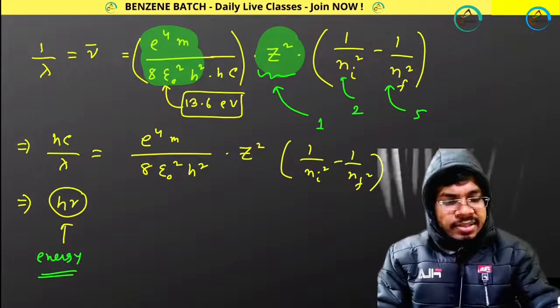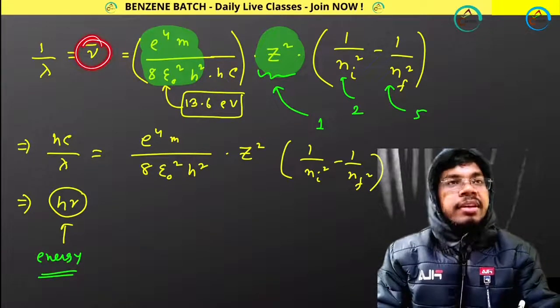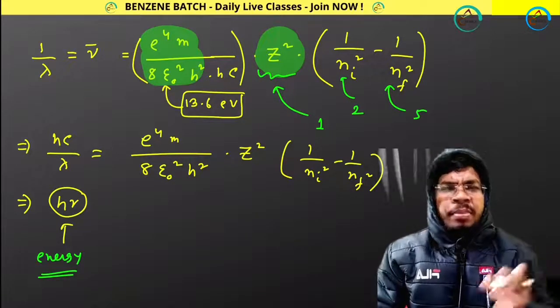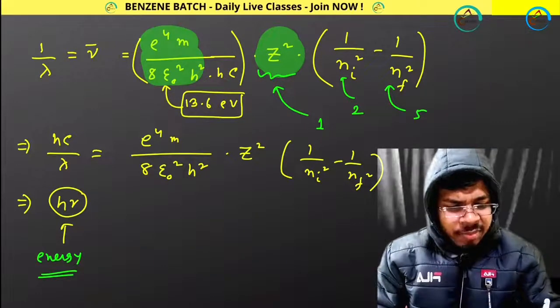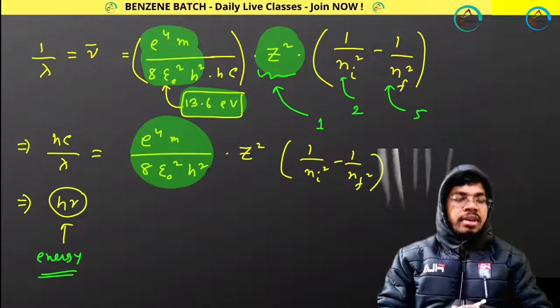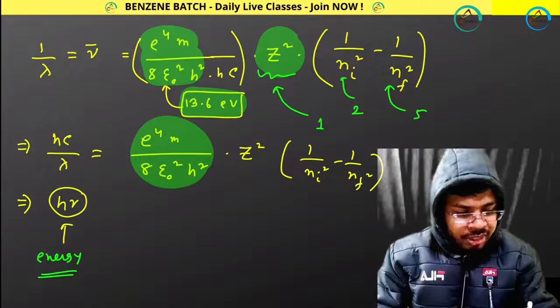And this energy is not in centimeter inverse unit. This energy would have joule unit or erg unit or whatever unit I am representing. We already know this part has value 13.6 electron volt.